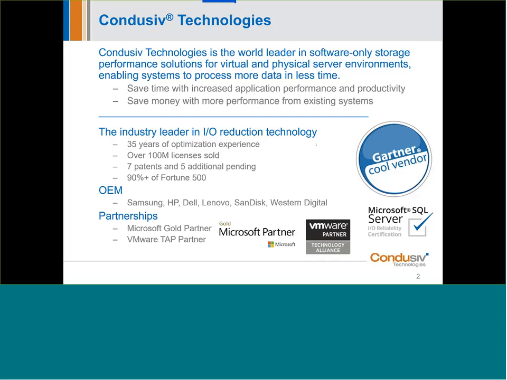Some of the technology also gets OEM'd to a lot of the main hardware manufacturers. You can see some of them listed down here: Samsung, HP, Dell, Lenovo, SanDisk, Western Digital. Typically what they do is use the caching part of our technology, which I'll go through in more depth because it is quite relevant to V-locity 7, and they use that to make their products not only run fast but stay running fast.